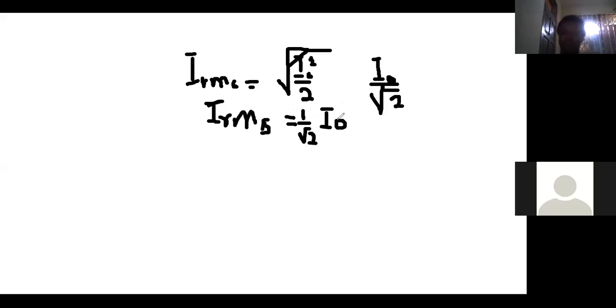That means when the question says find the root mean square current given the peak current to be maybe 2, you multiply the peak current by 1 all over root 2. Now 1 all over root 2 is the same as 0.707.